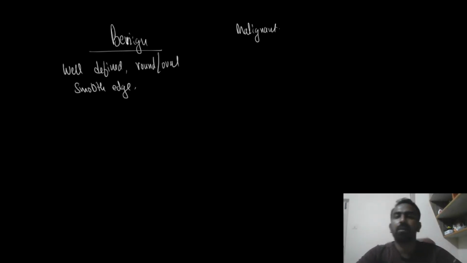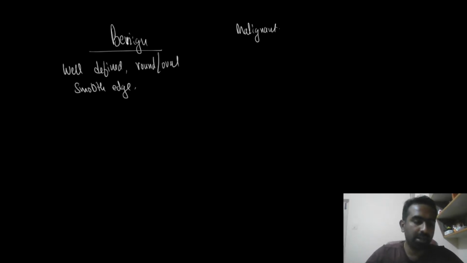If there is a lump or a lesion, if it is well circumscribed or well defined, round or oval, with smooth or regular borders, then it is benign.